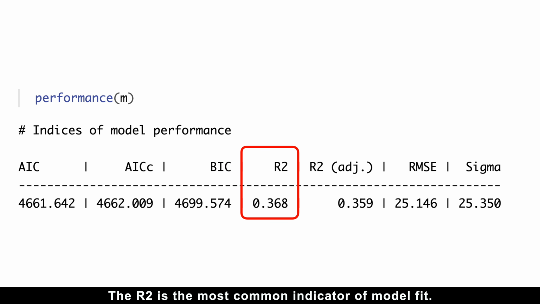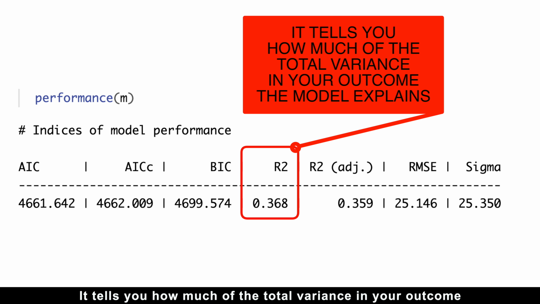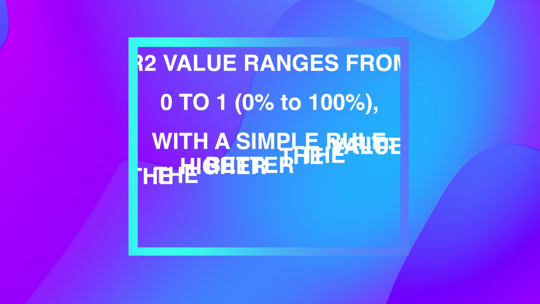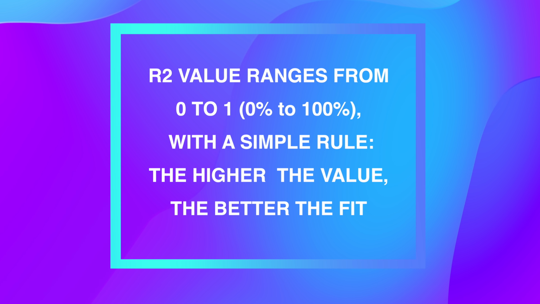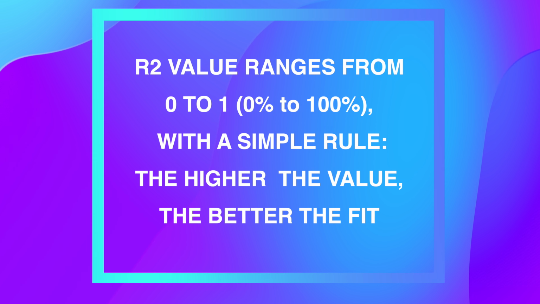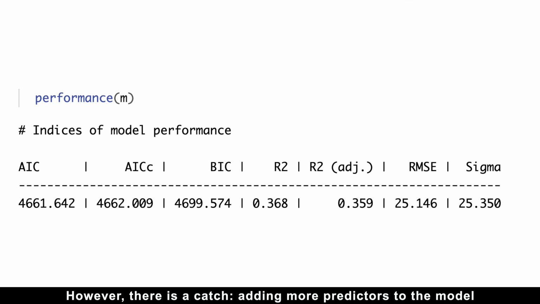The R-squared is the most common indicator of model fit. It tells you how much of the total variance in your outcome the model explains. The R-squared value ranges from 0 to 1 with a simple interpretation rule: the higher the value, the better the fit. However, there is a catch.